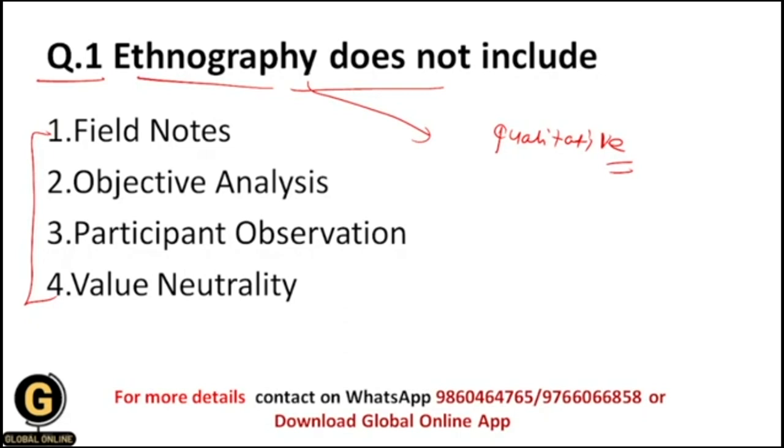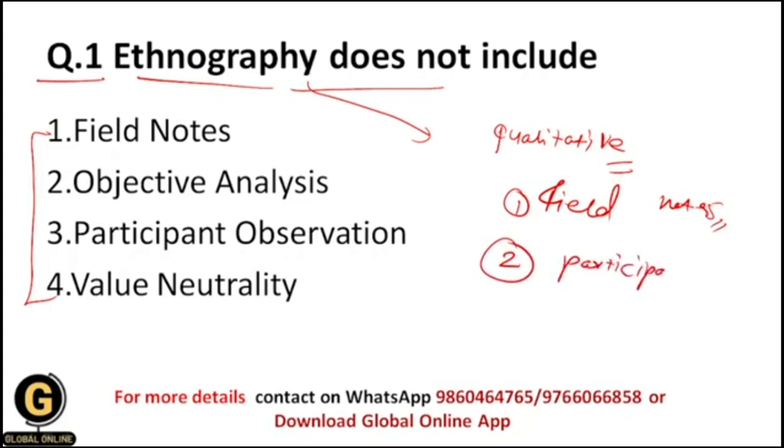That's why in ethnography we use some methods for data collection. For example, we use field notes to collect data regarding a specific field or specific culture or society.